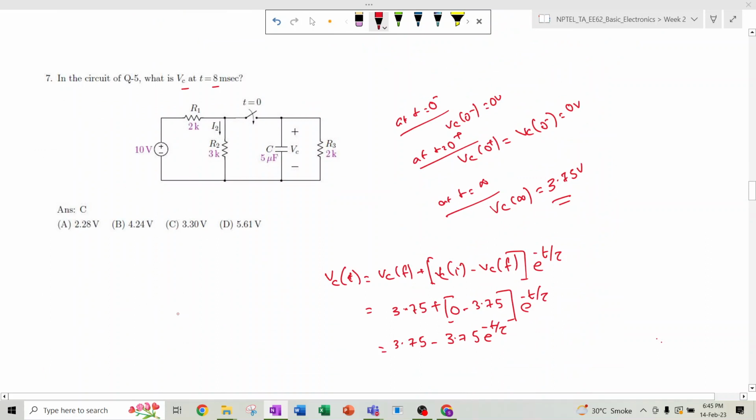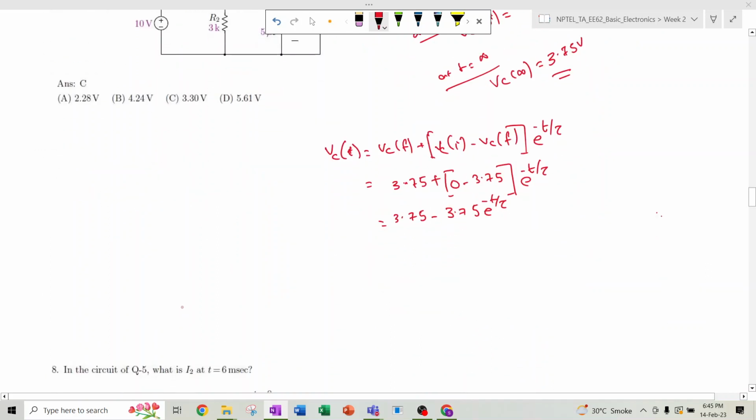So here Vc(t) will be equal to 3.75 minus 3.75 e to the power minus t by the time constant, which is 3.75 millisecond.